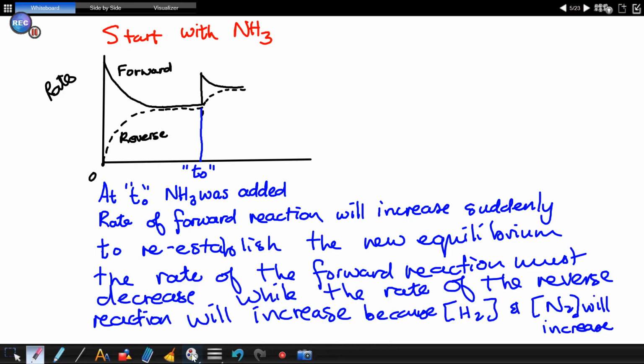So then, ma'am, if you added even more ammonia, then it would go up again. Yeah, but they won't ask that. Okay. Now, draw the graph of the rate of reaction when you take ammonia out of the reaction mixture.